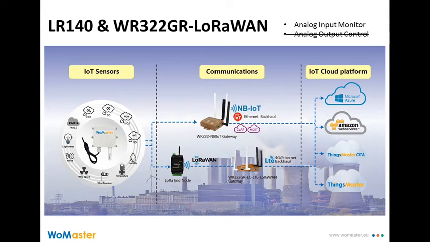Again, monitoring the usage is more preferred, not the control. By the way, users can use the WR222 to collect the sensor data by serial or Ethernet, and send the data to the platform by NB-IoT.